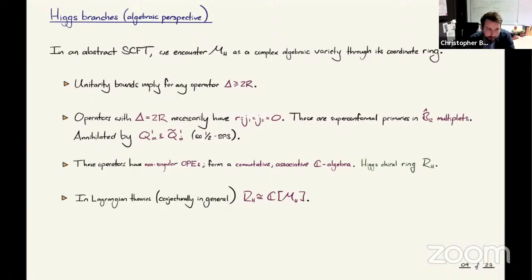So the Higgs branch of vacua is defined in a different way. This MH is not defined this way if you're a physicist. It's defined as the set of zero energy configurations of your theory where SU2R symmetry is broken and U1R symmetry is not broken. And this equality is a conjecture that everyone believes to be true.